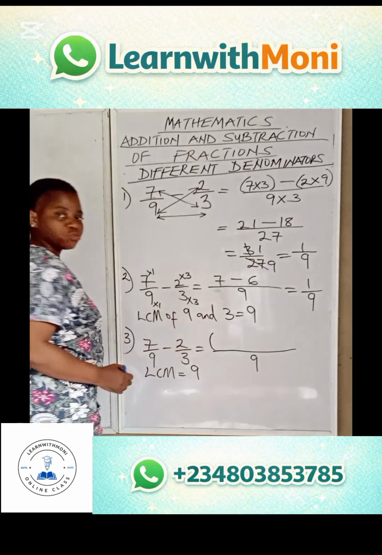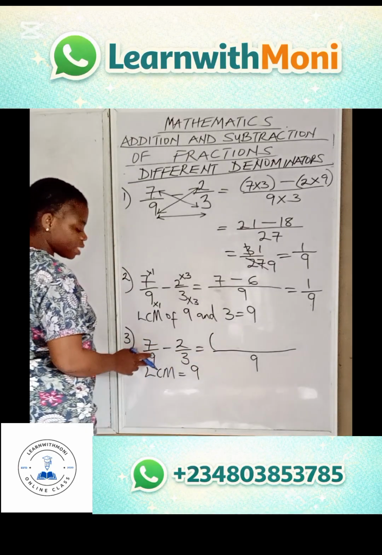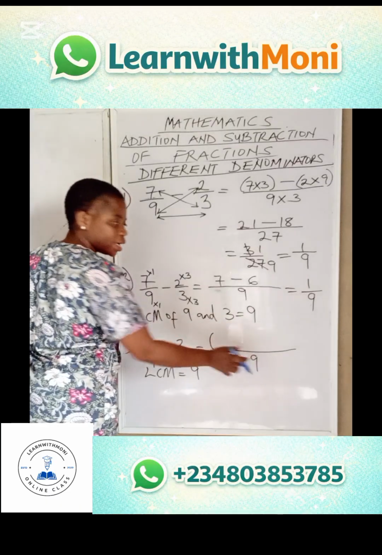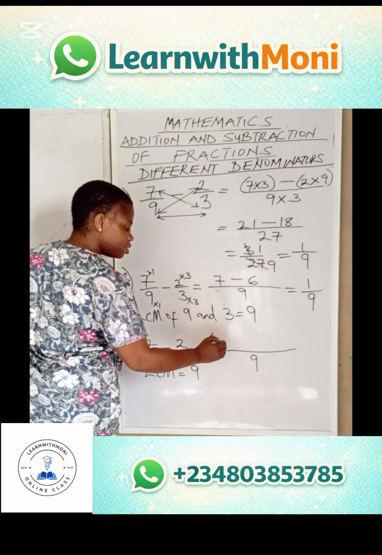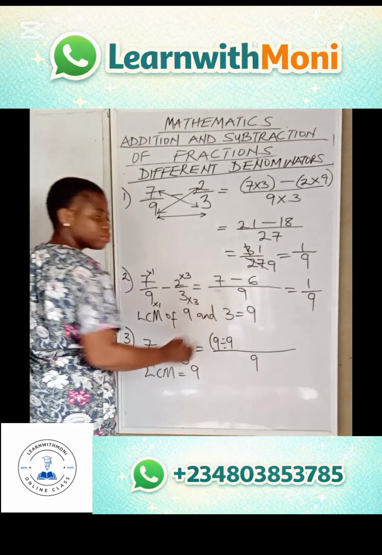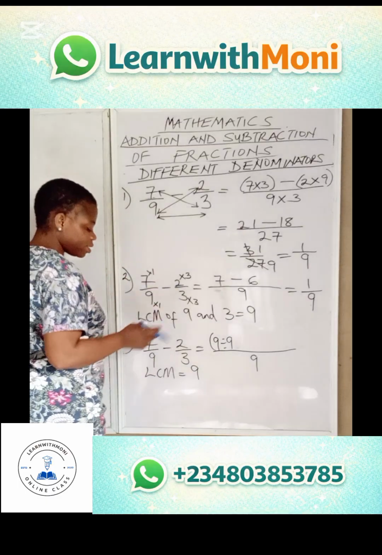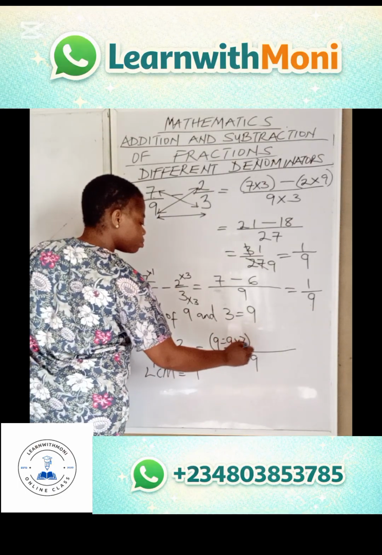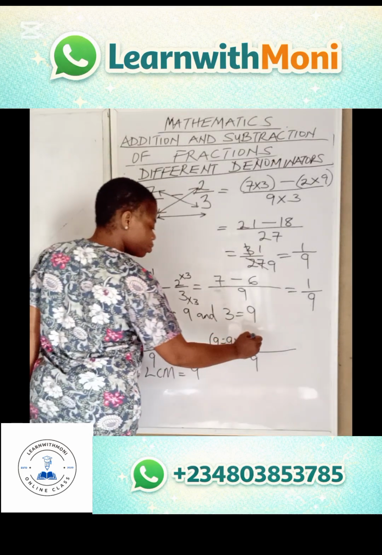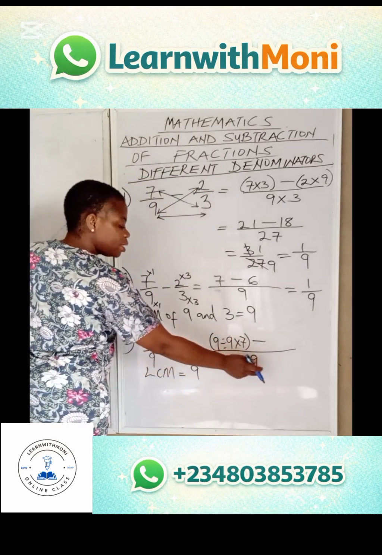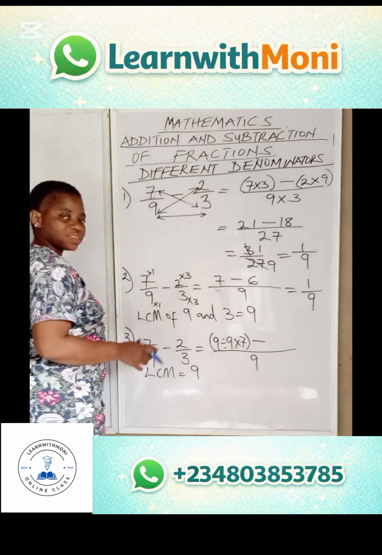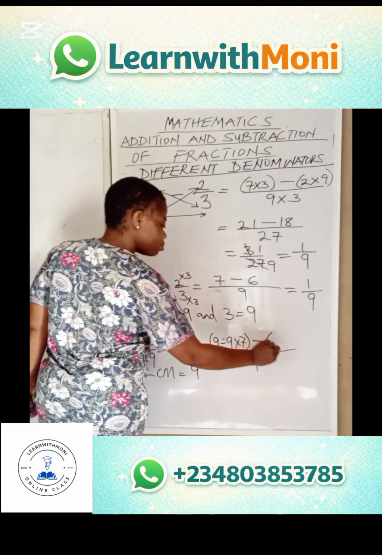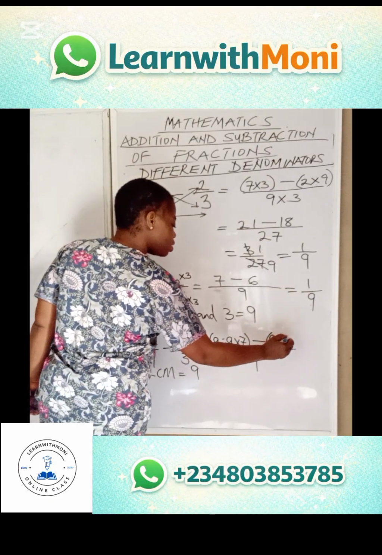For me to have my numerator, I'm going to ask myself, how many 9 can I get from 9? That is 9 divided by 9. Whatever I get as my answer, I will multiply it by the 7, minus 9 divided by 3. That is how many 3 can I get from 9? 9 divided by 3.